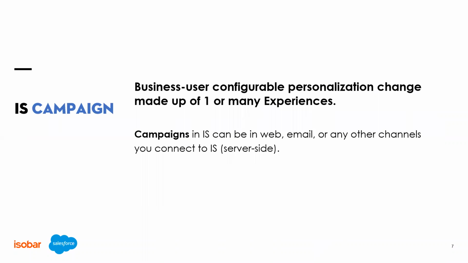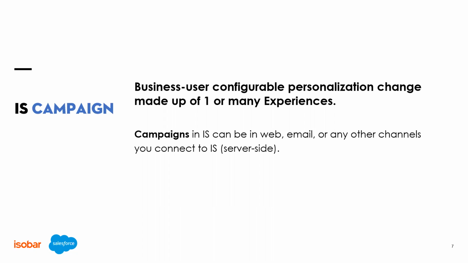But from Interaction Studio specifically, a campaign is treated like a business user configurable personalization change made up of one or many experiences. So a campaign can have several experiences because, first of all, the platform itself is meant to be one-to-one.